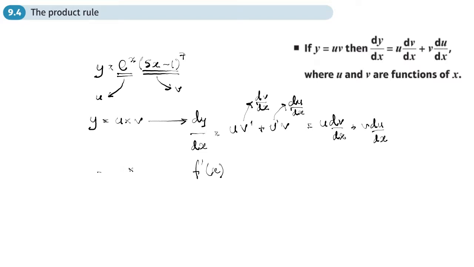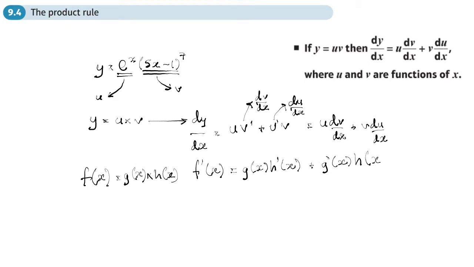We might say f of x is equal to g of x times h of x, so two different functions, and that f dash of x would be equal to g of x times h dash of x plus g dash of x times h of x. So lots of different ways of writing the same thing.